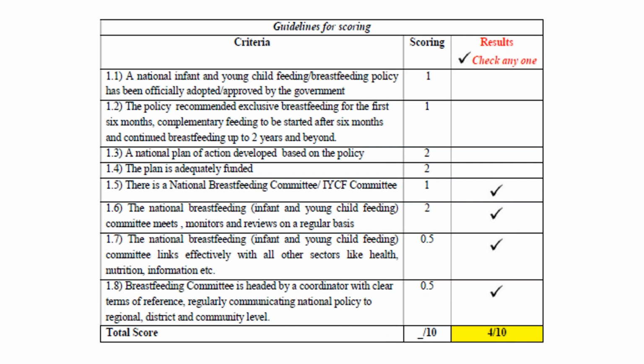Well, of course not, because we don't have a policy. And then the third question, is there a national plan of action developed based on the policy? And is the policy adequately funded? Number 4, no. So we scored nothing on those first 4 questions.